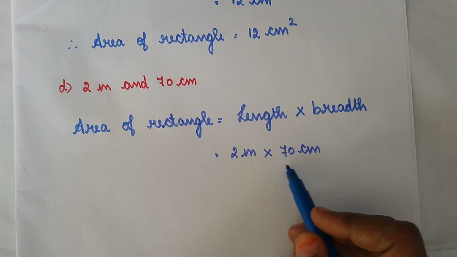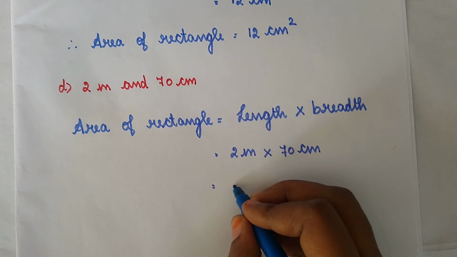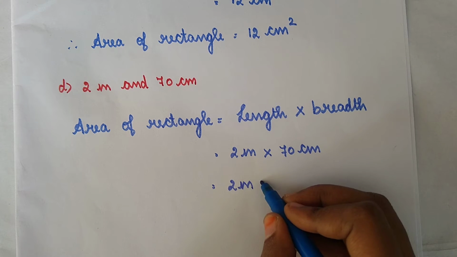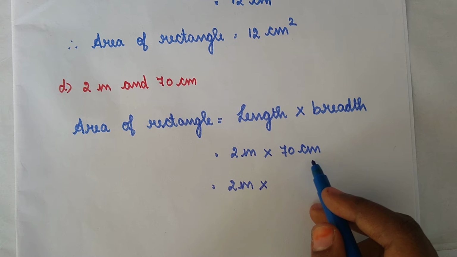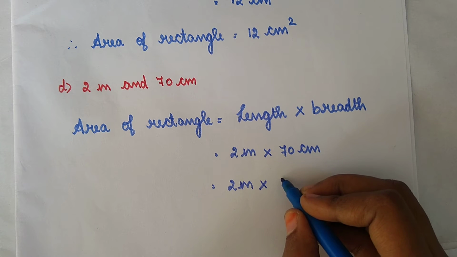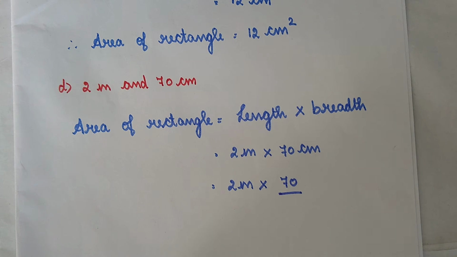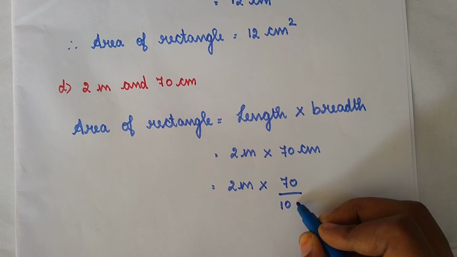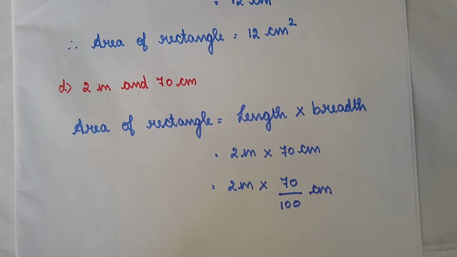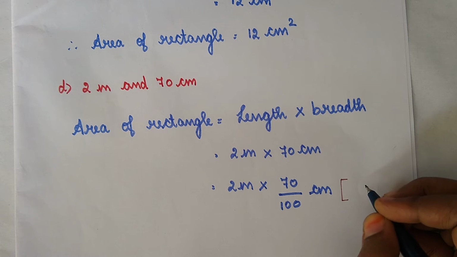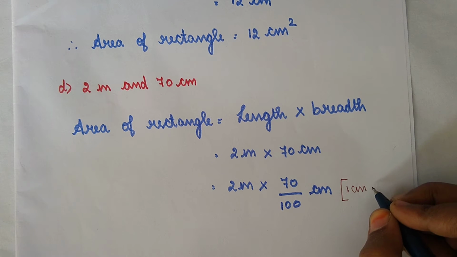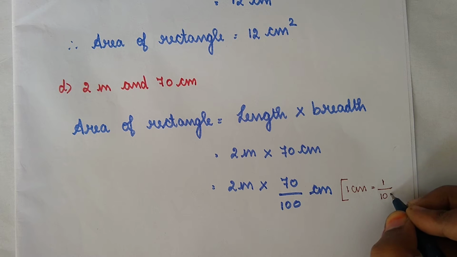Here we can change the unit to be the same. So we have to convert 70 centimeter into meter, 70 by 100 meter, because 1 centimeter equals 1 by 100 meter. You can write that in brackets.